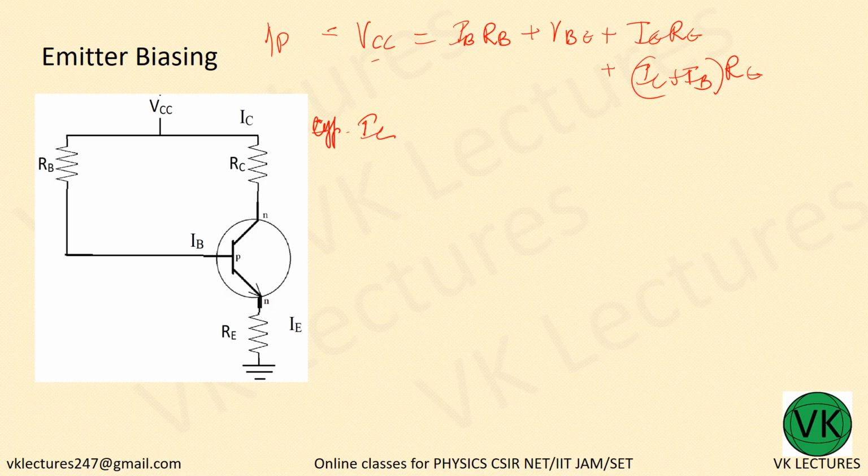Now this quantity will be 0 equal to IB and RB.